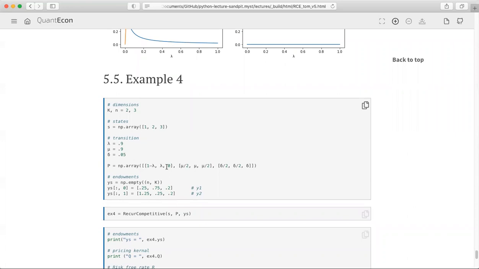Here's the way I want you to think about it: the 0 state, first state, second state. Okay, so the 0 state, that's prosperity. I'll tell you what I mean.